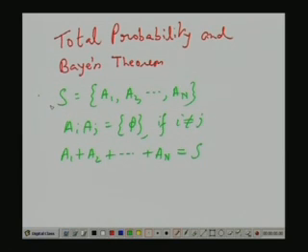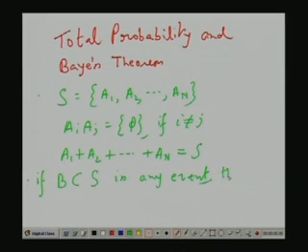Then the question is, if B, a subset of S, is any event, then P(B), the probability of this event B, can be written, and we will prove it, can be written as the following.